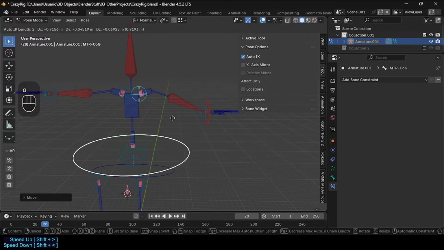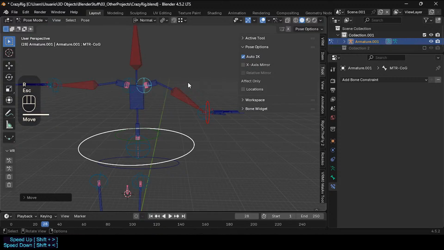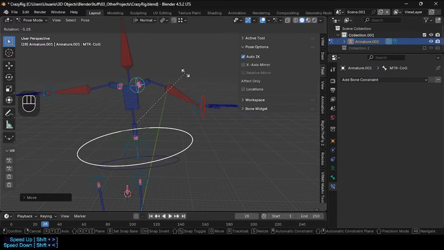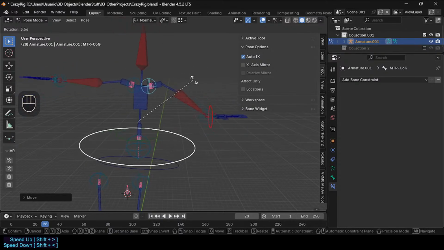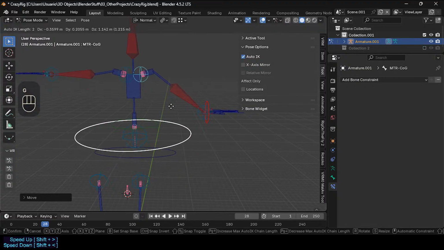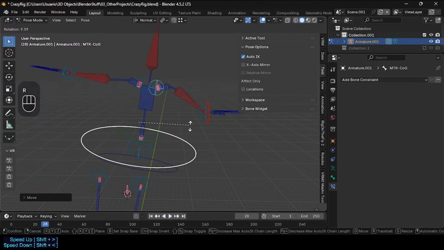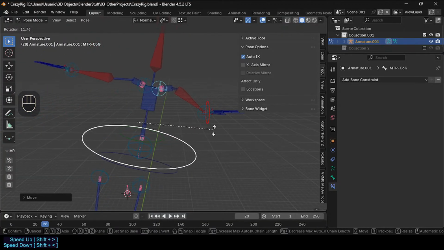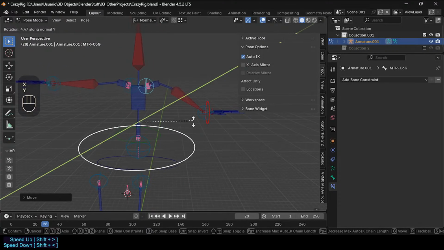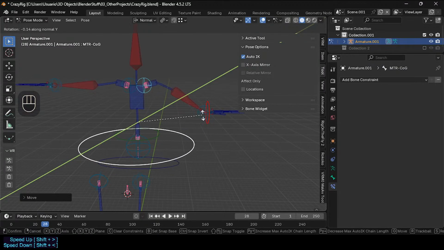I found some ways. If I grab and cancel the grab, and rotate, this is not the Auto IK option. The Auto IK option just works with grabbing. So this is an FK rotation. But if I grab and then rotate, now something weird happened, and I can rotate on X and Z. I think I found this secret by mistake, accidentally.